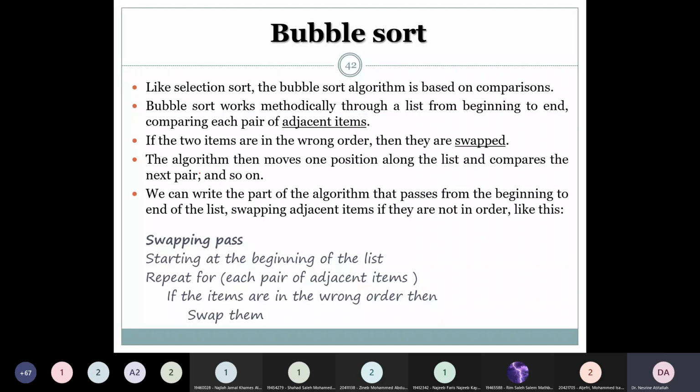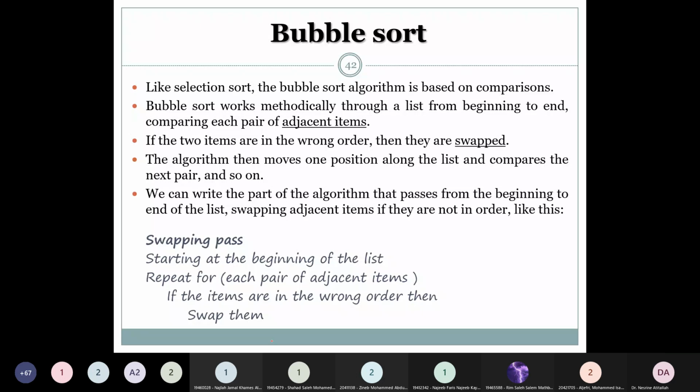And we can write the part of the algorithm that passes from the beginning to the end of the list swapping adjacent items if they are not in order, like this. Swapping pass, starting at the beginning of the list. Repeat for each pair of adjacent items. If the items are in the wrong order, then swap them.